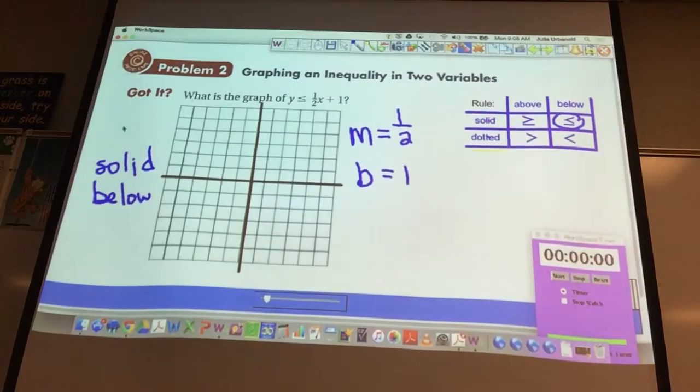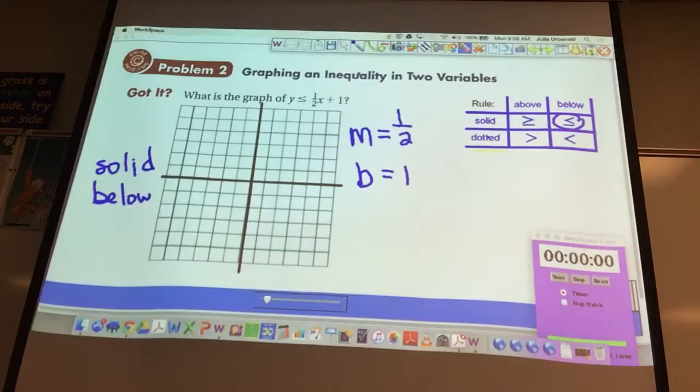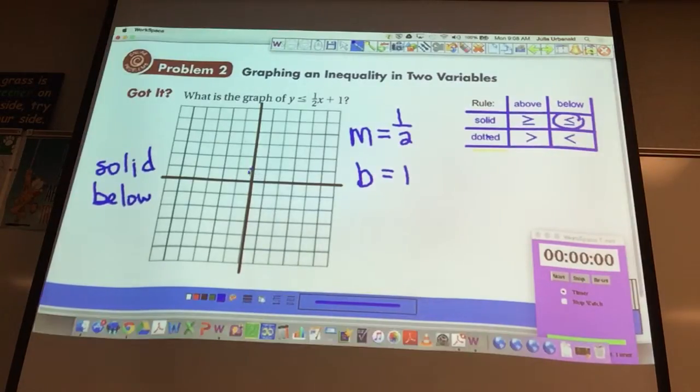Then we have to start at the y-intercept and begin graphing our line. The y-intercept is 1. Make sure you start on the tall axis for that, the y-axis. It goes right here.